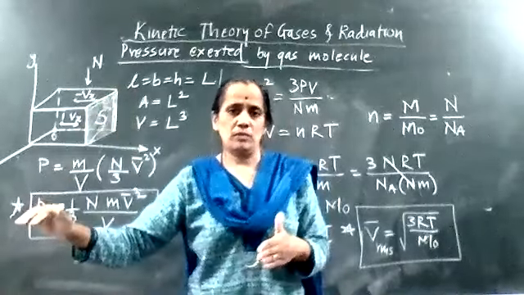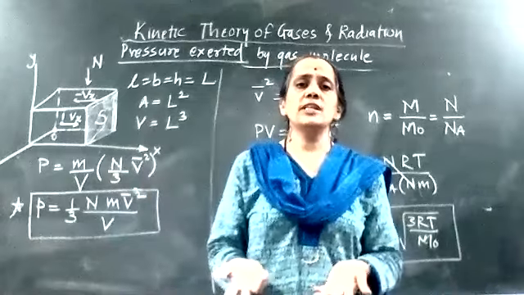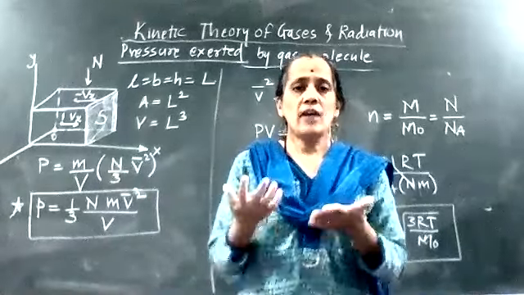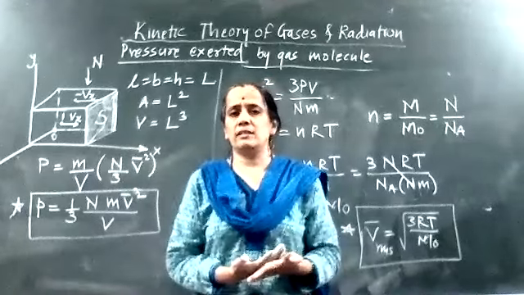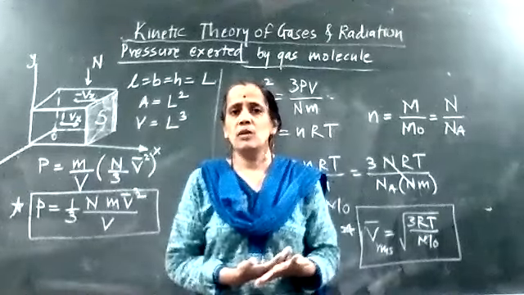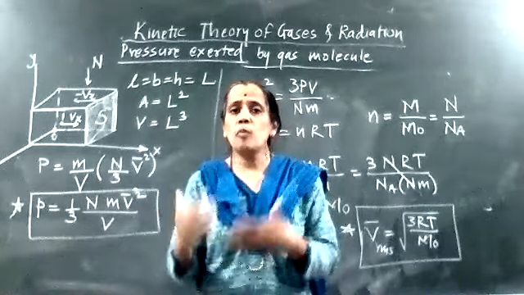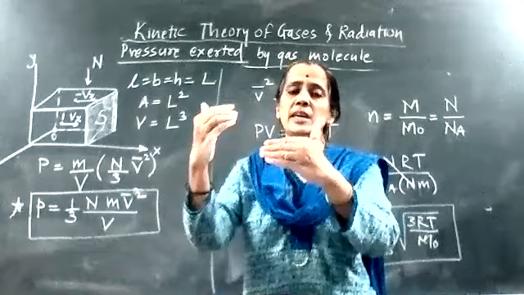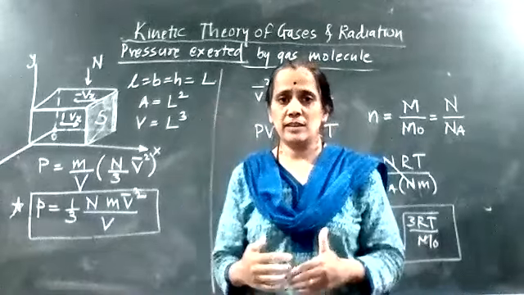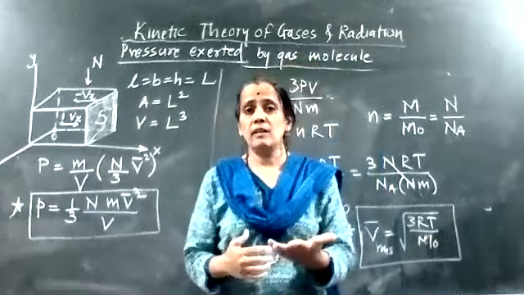Therefore, according to Newton's second law, the average force exerted by the wall of the container is equal to the rate of change of momentum. Rate of change of momentum means delta P upon T. But which delta P?